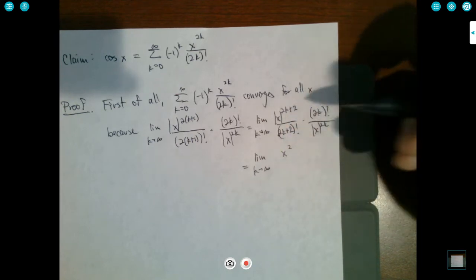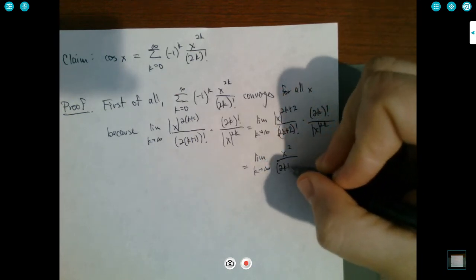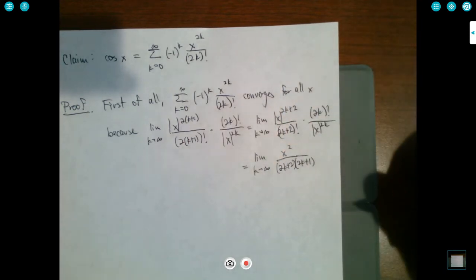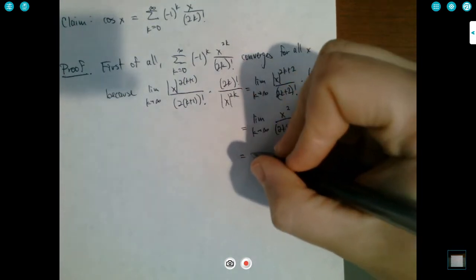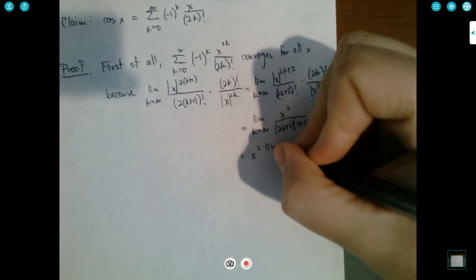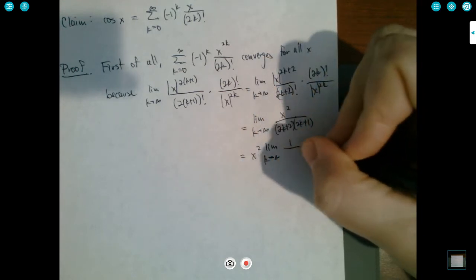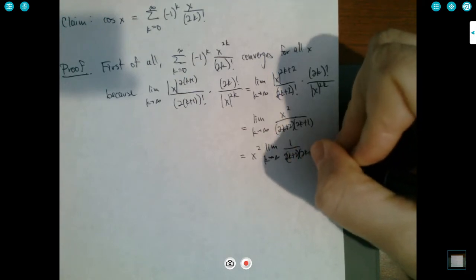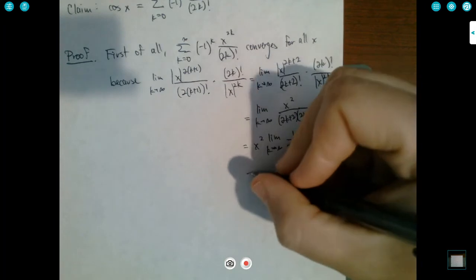Anyway, I'm going to have an x squared, and then down here I'm going to have 2k plus 2 times 2k plus 1. And that equals x squared times the limit as k approaches infinity of 1 over 2k plus 2 times 2k plus 1. This thing goes to 0, so this just equals 0.